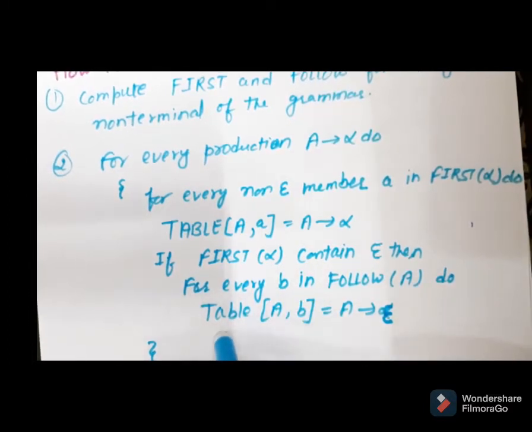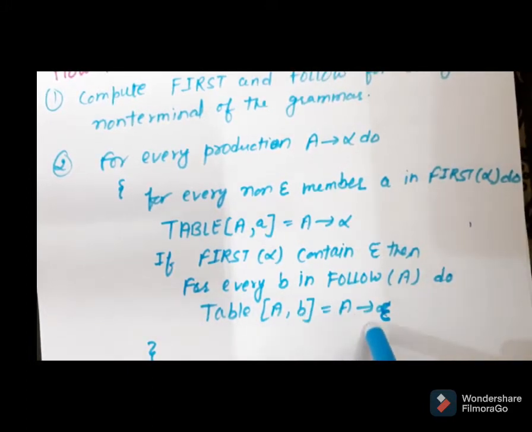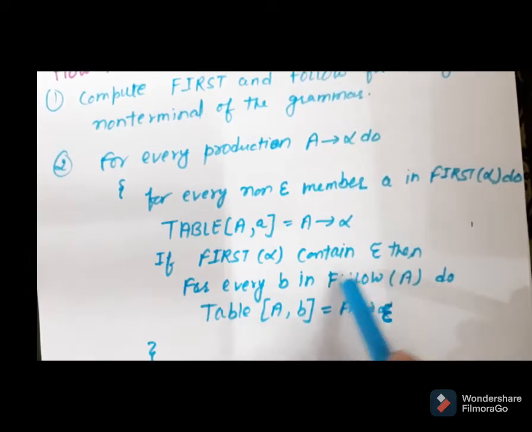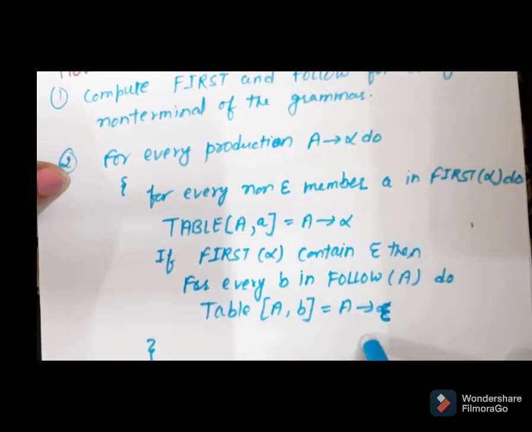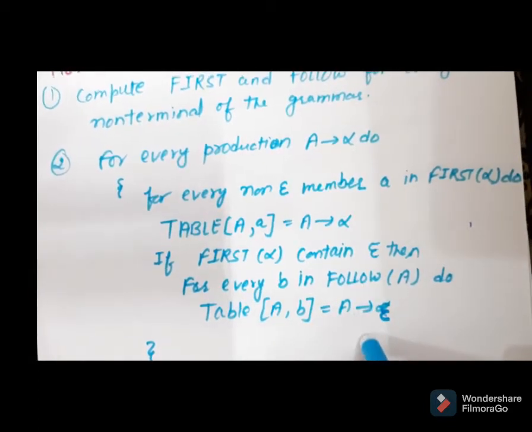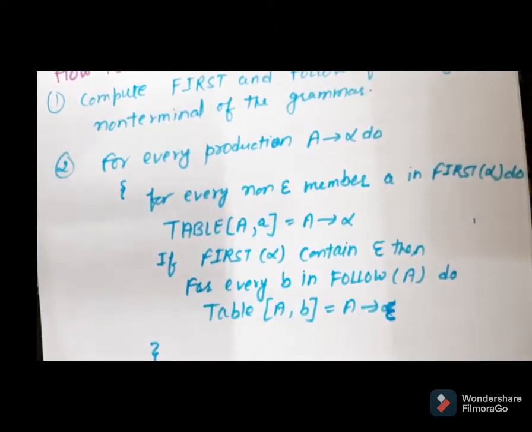So in that table entry, we have to fill the production A tends to epsilon against the follow of A, the set of the follow. There we have to fill A tends to epsilon, and in first we have to fill the production.